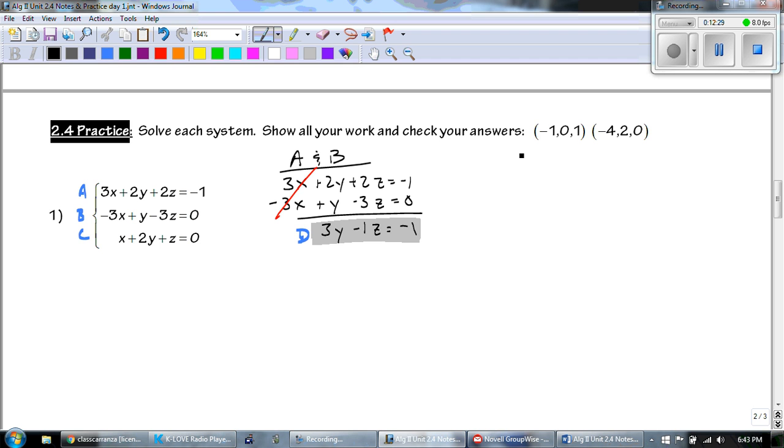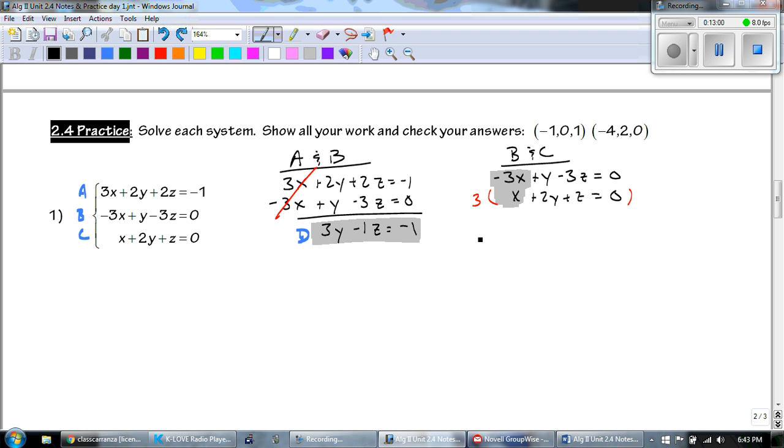Now we need to do B and C. All right, so I'm going to write down B, negative 3x plus y minus 3z equals 0. And then we have x plus 2y plus z equals 0. And I want to cancel the x's, so I need to multiply by 3 because I want a 3 to go right there.